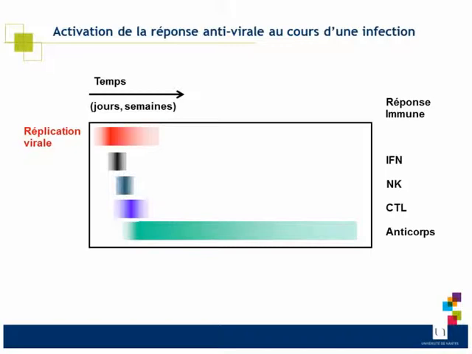So what I'm going to talk about today is, first we're going to look at early events during infection. What happens when viruses infect cells in the body? How do cells realize that there is a viral infection, and what happens? Then I'm going to talk about NK and CTL together as part of the cellular response, and then antibodies.